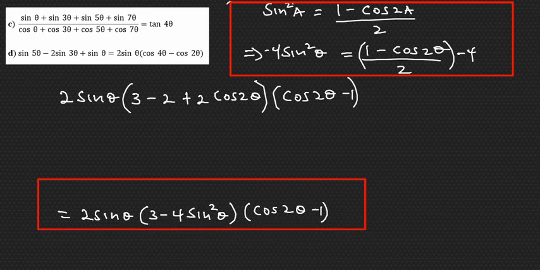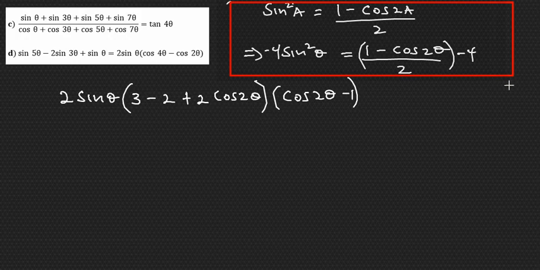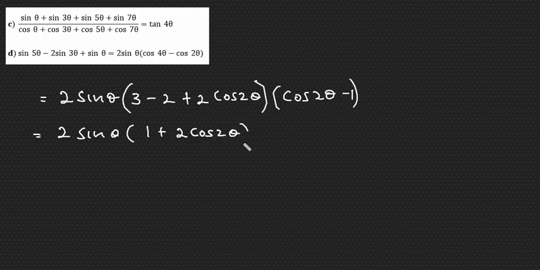Alright, so let us move on until we prove our identity here. So in this bracket we shall have 2 sine theta. In this bracket we are going to have 1 plus 2 cos 2 theta, then times cos 2 theta minus 1.